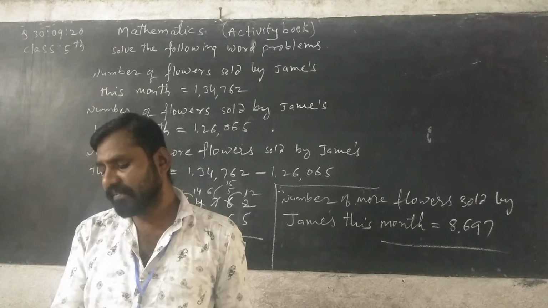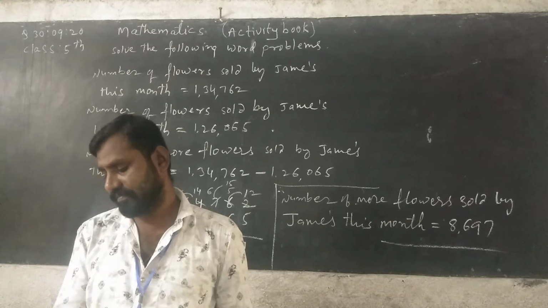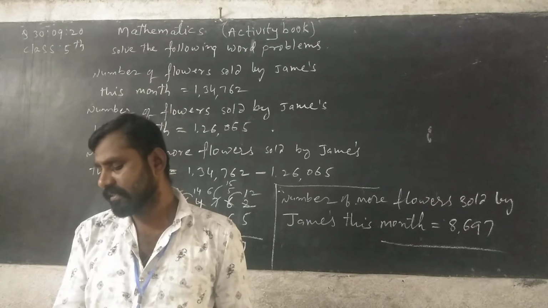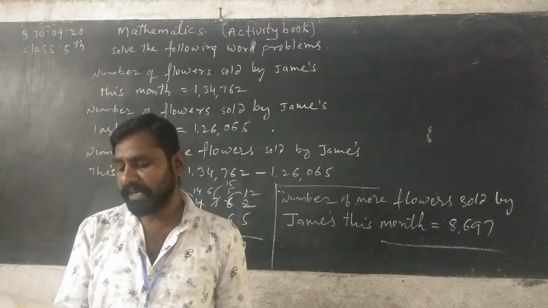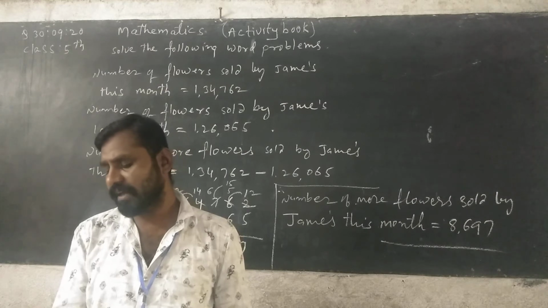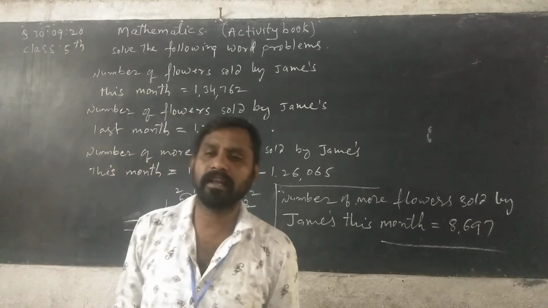If the distance between the Earth and Moon is 3,84,403 kilometers, how many kilometers has the car been driven?